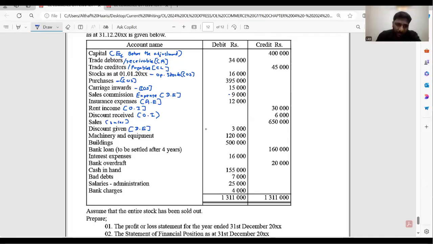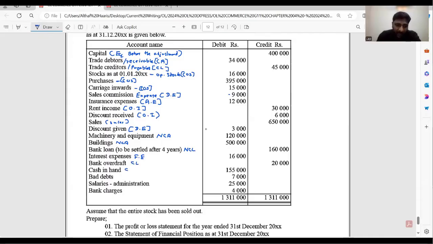Machinery and equipment, this is non-current asset. Buildings, non-current asset. 4-year bank loan, non-current liability, long-term liability. Interest expense, finance expense. Bank overdraft, a current liability.